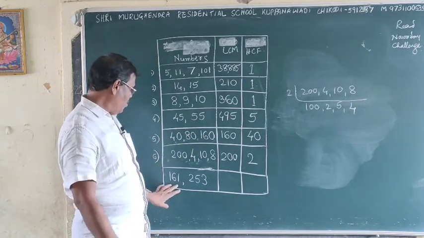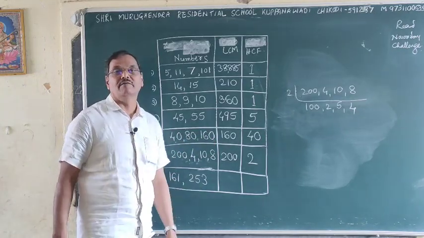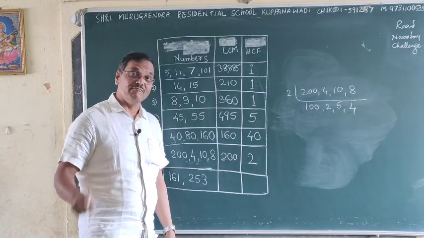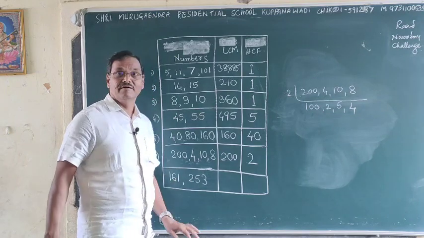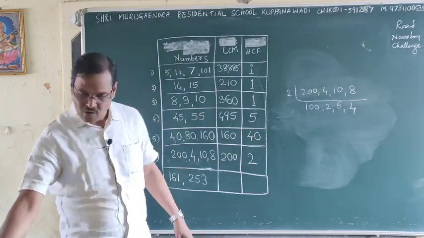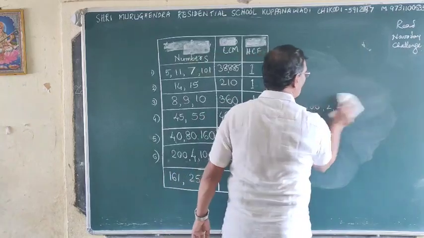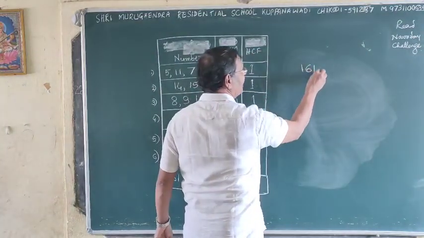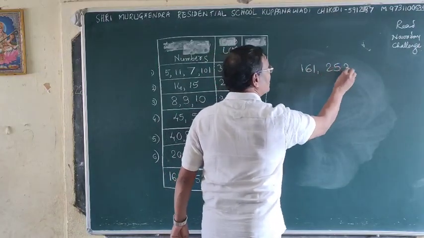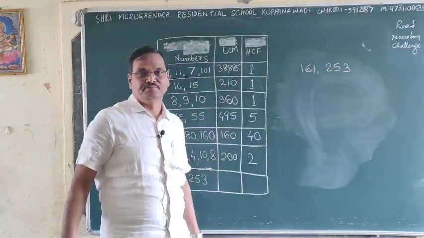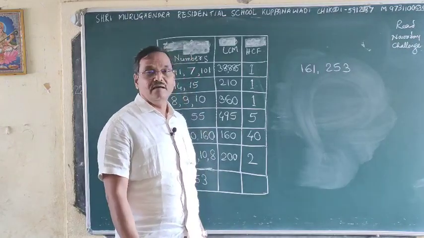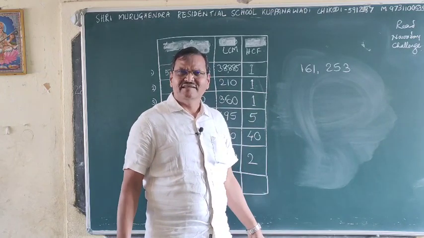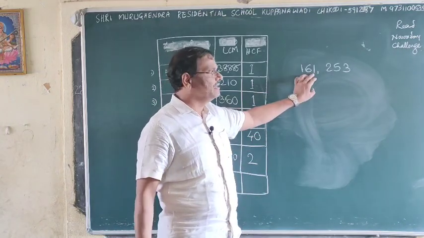Okay. Now 161 and 253. I told you to find HCF. So here what you have to do is, you have to go right here first, 161 and 253. We need LCM. But better now, because we can't crack it by divisibility.